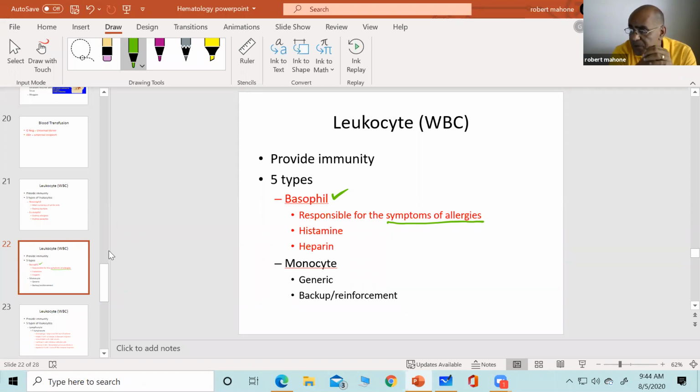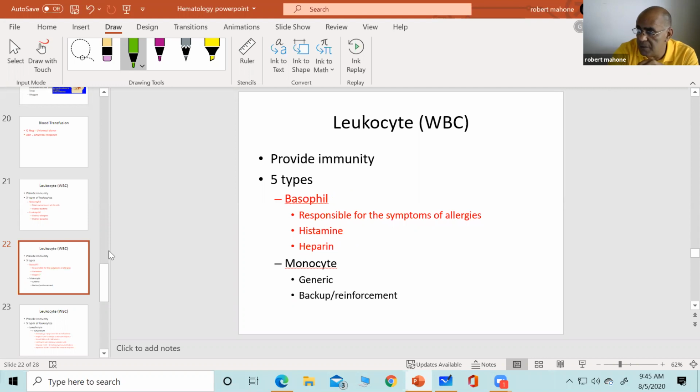Those symptoms are caused by the release of these two substances, histamine and heparin, the two H's. Histamine you've heard of before. That's the stuff that causes the itchy, watery eyes, the runny nose, and then the swelling at the site of the infection is caused by heparin.